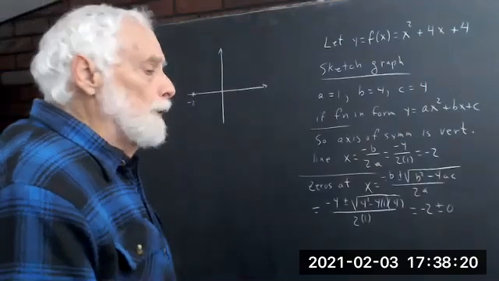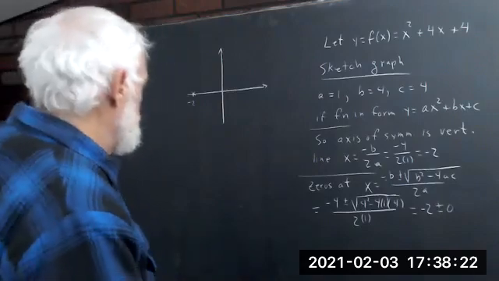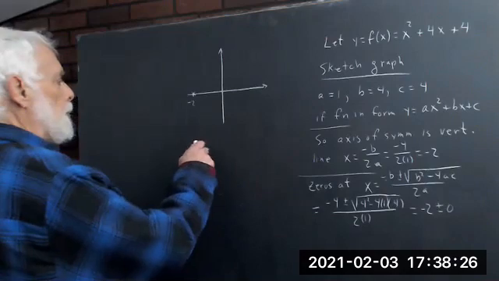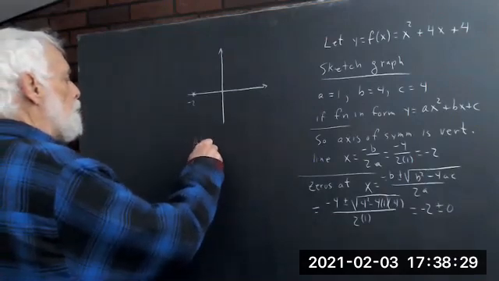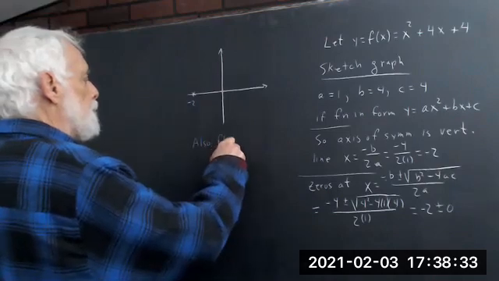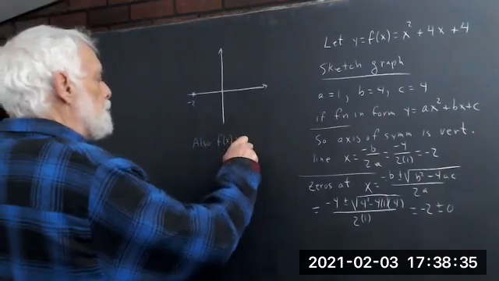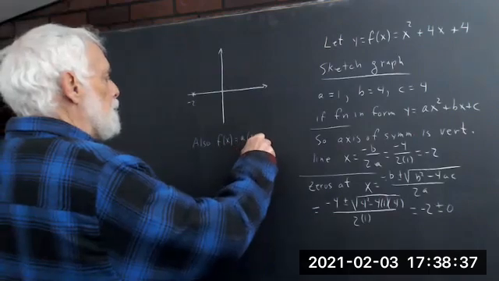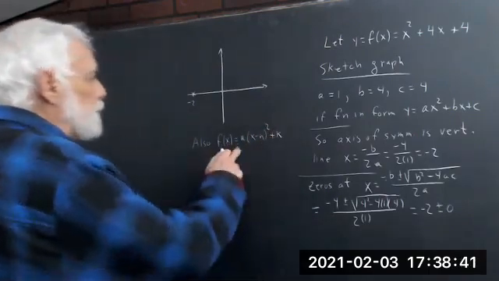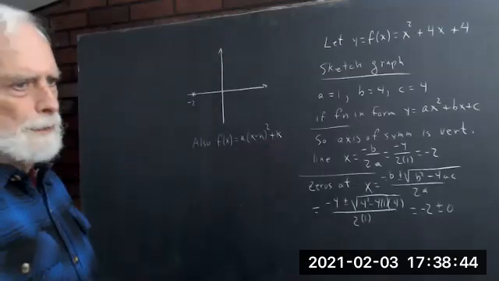Another thing we know is that f of x is a times x minus h squared plus k.